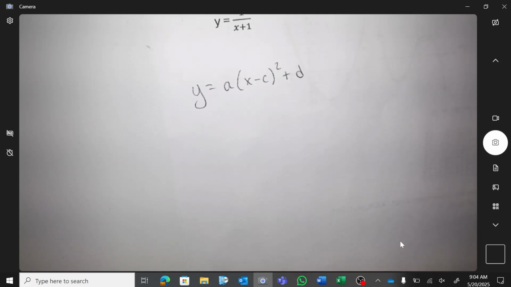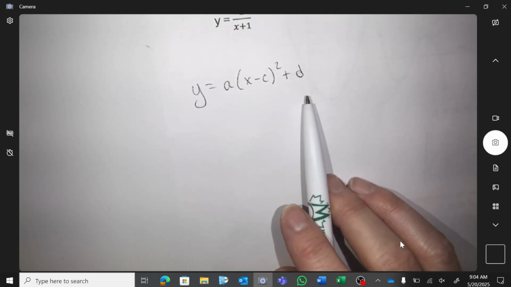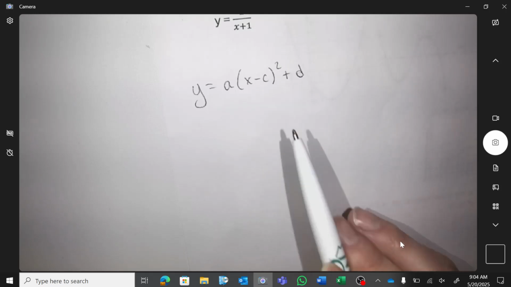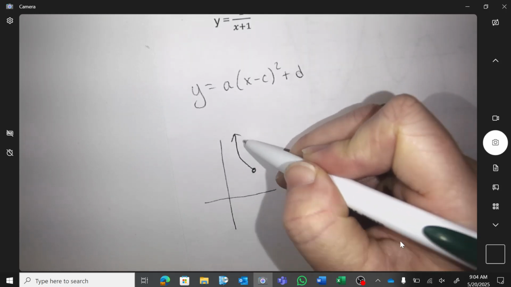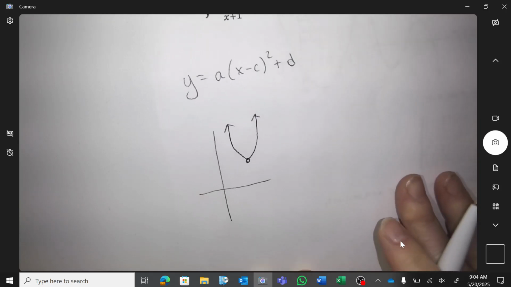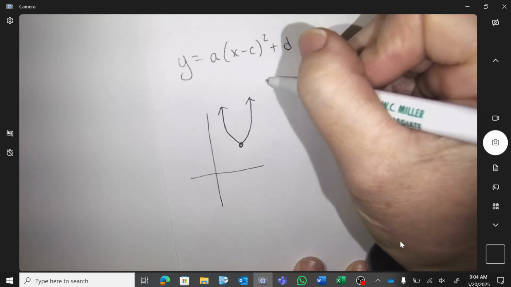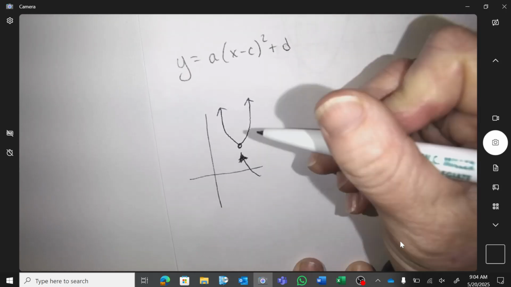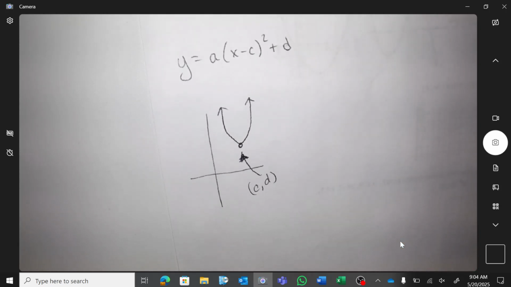We've talked about quadratics in grade 11. I've never seen a B transformation in a quadratic, by the way, so that's why I didn't put it in there. A, B, C, D, but I've never seen a B. Okay, so we know the general idea of a quadratic. How do we know where to put the vertex? Well, you're going to move it according to the C and the D, right?